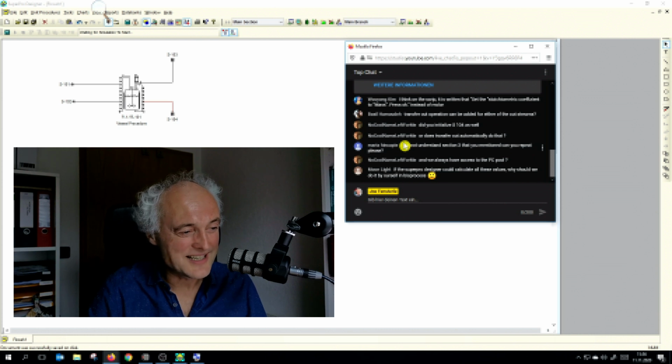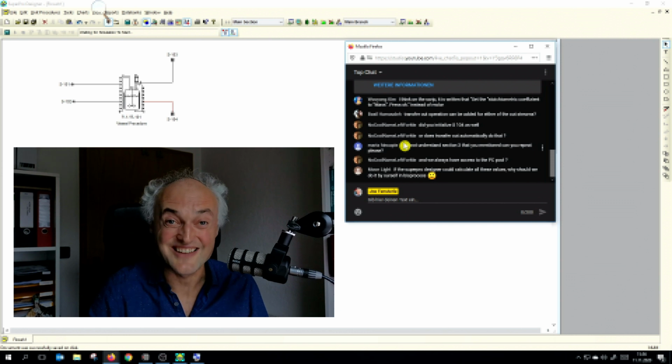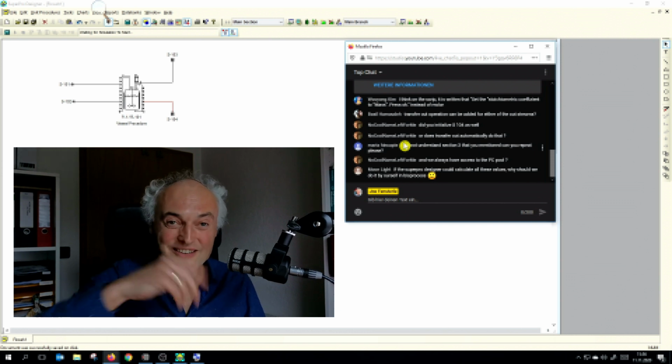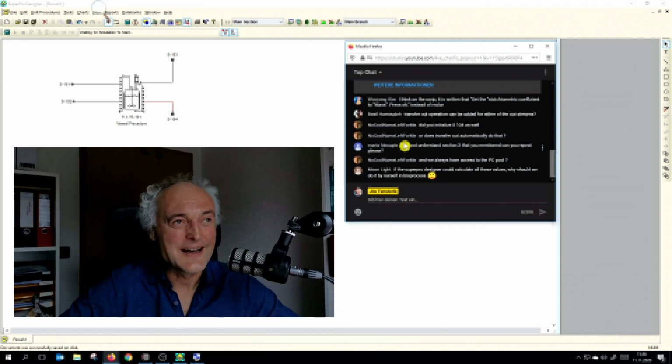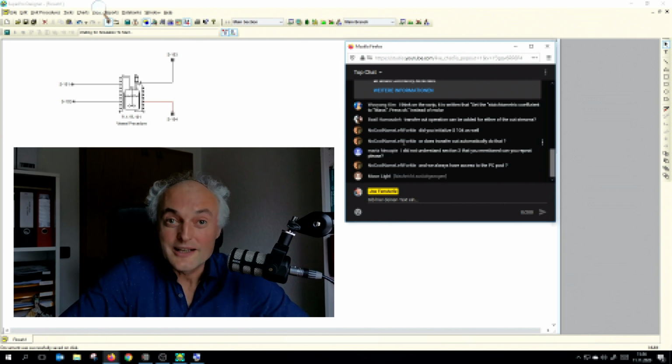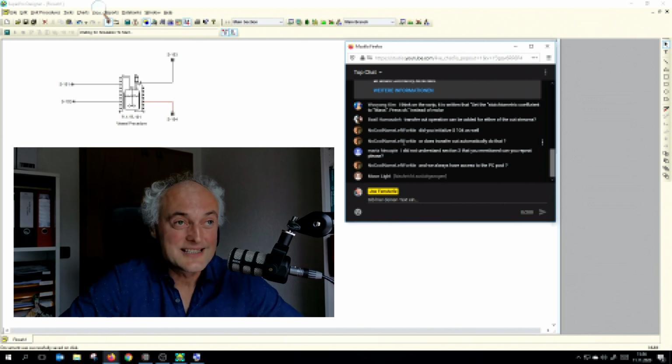Maybe if the SuperPro Designer could calculate all these values, why should we do it by ourselves in Biopro? This is a good, excellent question. It can't, because if you now use a stoichiometric approach, and we do an example 2, if you grow your yeast, you need to calculate how long it takes, for example. And you need to understand what SuperPro is doing, because the problem is you can tell the software anything you want.